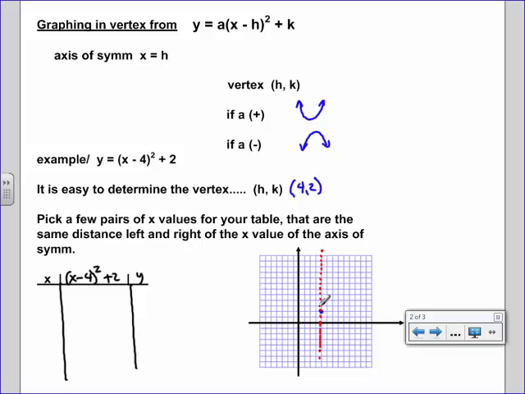Well, our axis of symmetry is 4, so one right would be 5 and one left would be 3. So I'll choose the values 3 and 5. Again, this way I only have to calculate one of them because I know I'll have the same y value for both of those. And if I go 2 right and 2 left, those would be the values 6 and 2.